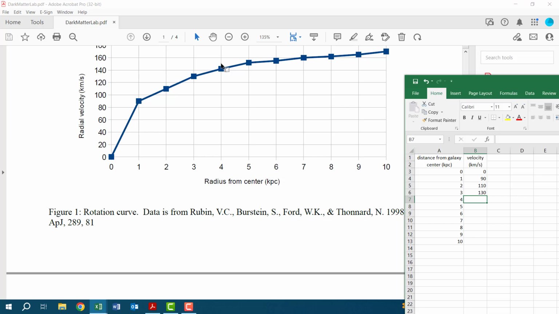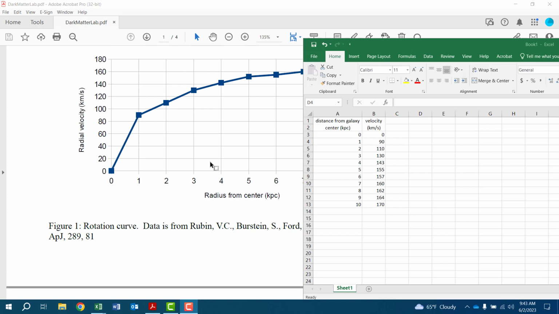So I think that would be 144. Right? Maybe it's 143. I'll go with 143. It doesn't have to be perfect. Same with this one. It's higher than the midpoint. It's not just 150. It might be 157 or 158. I'll put 157. So let me pause and complete this column.